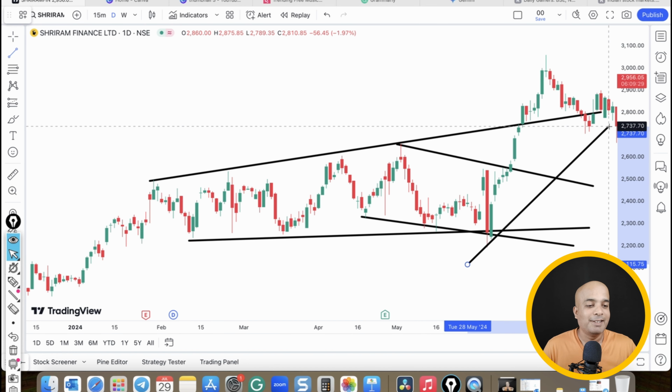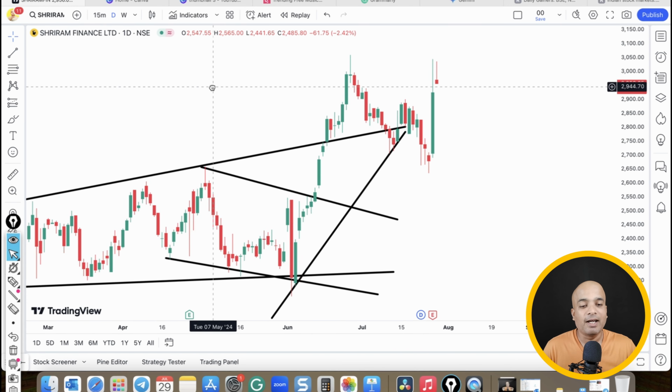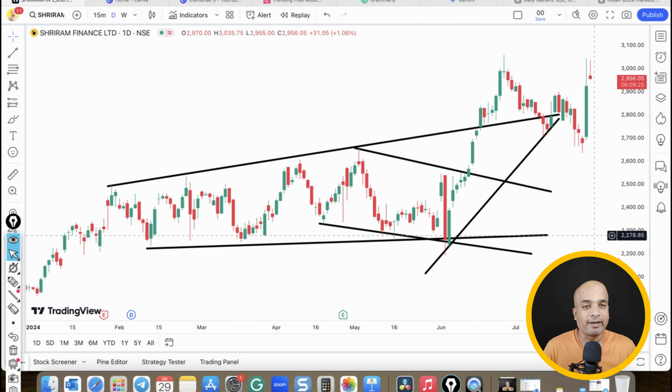So see, friends, you should know the idea of drawing a trend line. The basic logic and reason to draw trend lines is to look for potential and profitable trade opportunities and not to participate in a Rangoli participation.